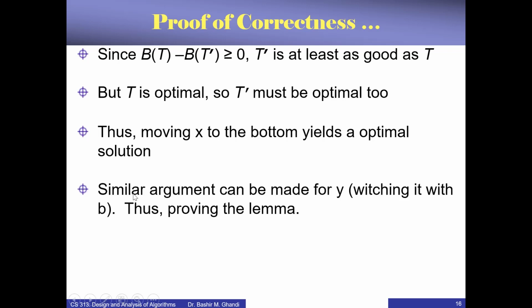Similar argument can be made for Y, switching it with B. And therefore, it proves the lemma that if X and Y have the least frequencies, we will definitely have an optimal tree where they are the deepest siblings. So that is basically the proof of the lemma.